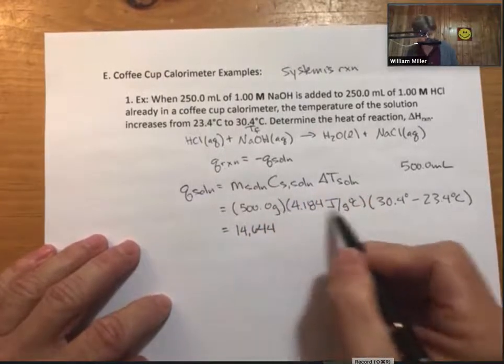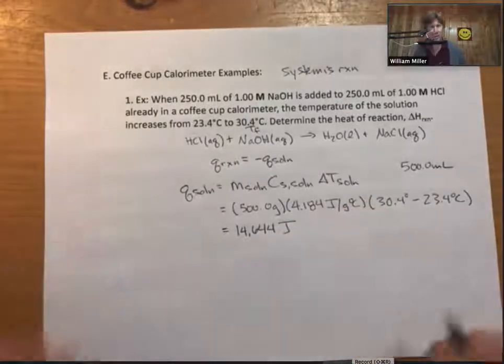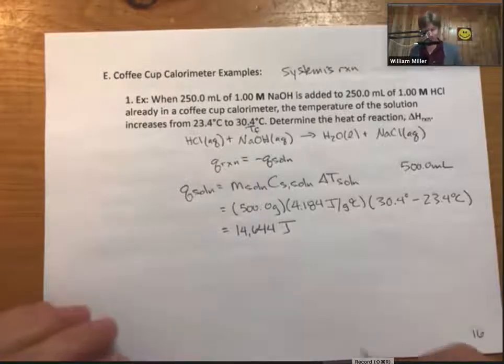And we can see our grams cancel and our degrees Celsius cancel. So that's joules. And Q's are heats. They will always have units of joules. We can tell them apart from our delta H values, because our delta H values will always have units of joules per mole or kilojoules per mole, depending upon the problem.